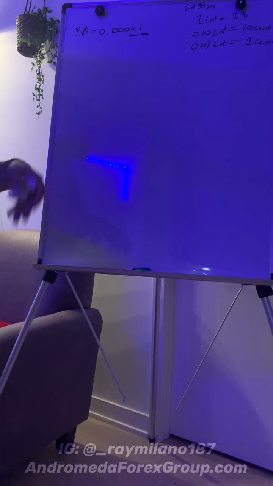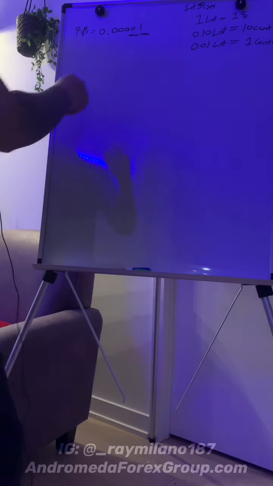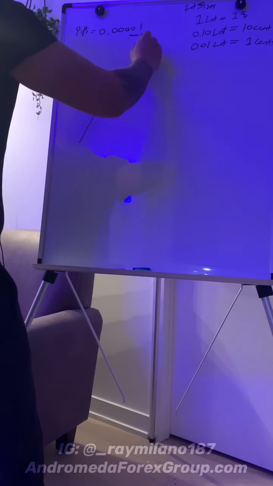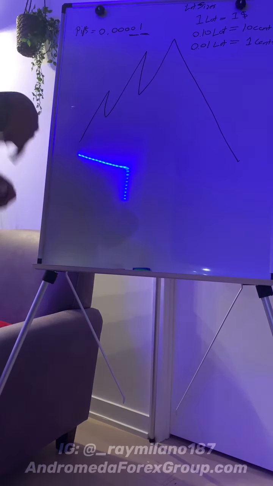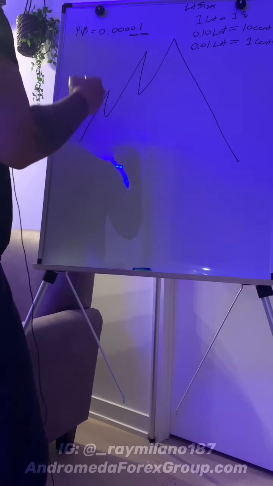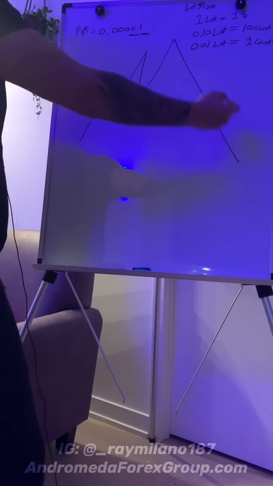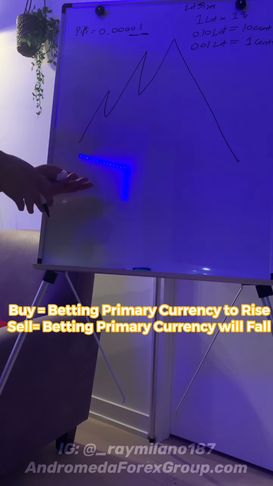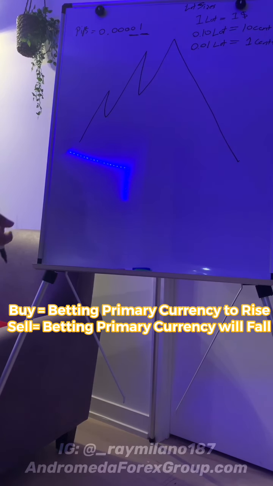Now, let's get into Forex. I'm sure you guys have seen charts going like this before. Sorry, my drawing is pretty terrible, but let's say this is the Forex chart. Now, how do we make profit on Forex? Basically, what you're doing is you're betting that the primary currency will either rise against the counter pair, or lower against the counter pair.